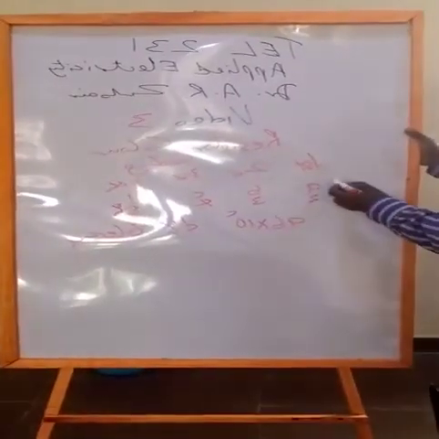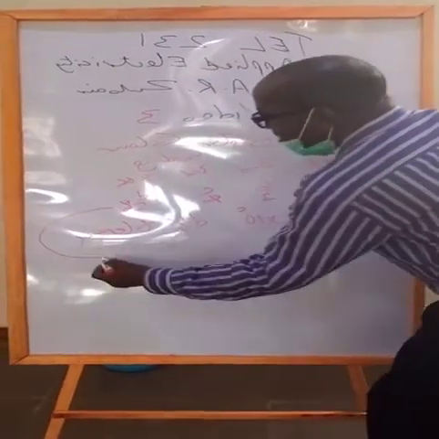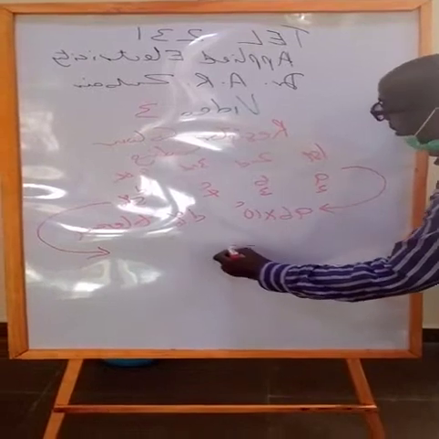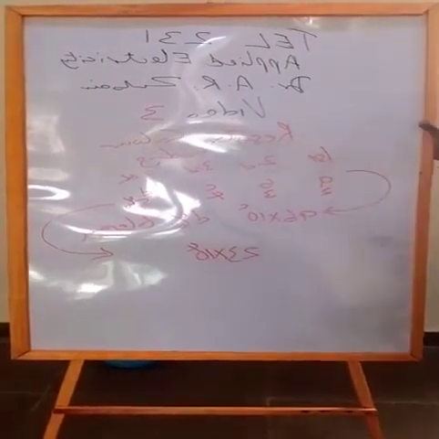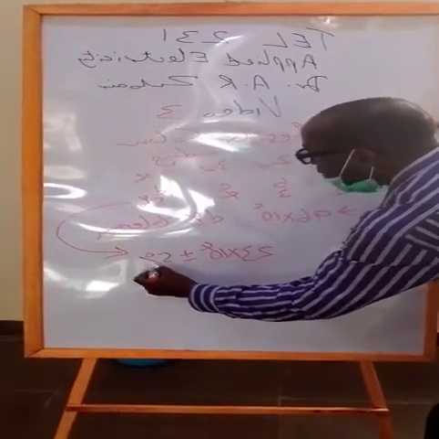So our result, this is the general form, isn't it? And this can be interpreted as 23 times 10 raised to power 4 plus or minus 5%.